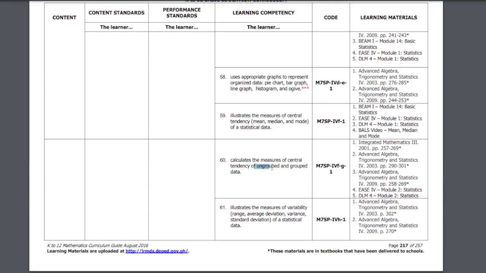Have central tendency of ungrouped and grouped data, individual versus group. Illustrate the measures of variability. Oh, here we go. This one is important. Very important. It's something a lot of students forget about. Going to have several videos, maybe a lot of samples for this.